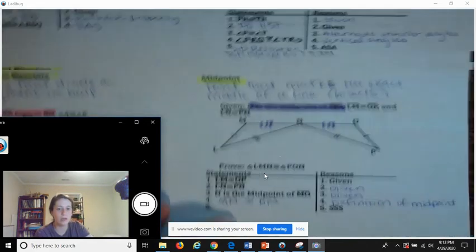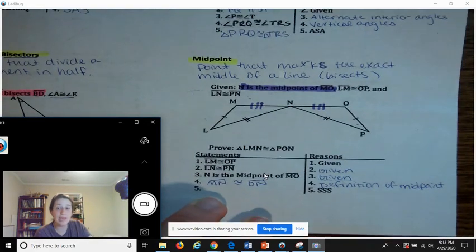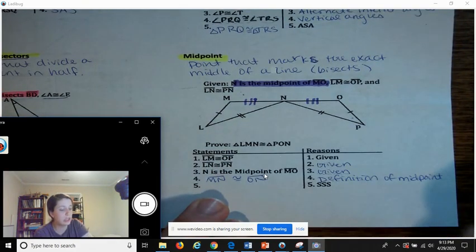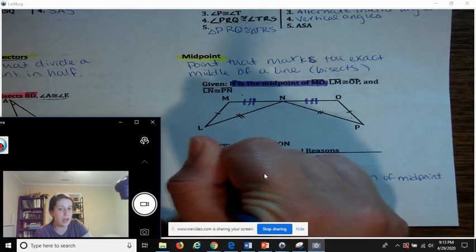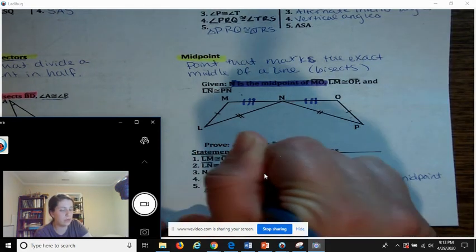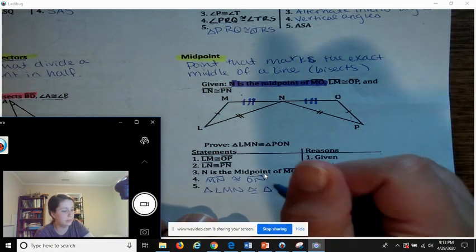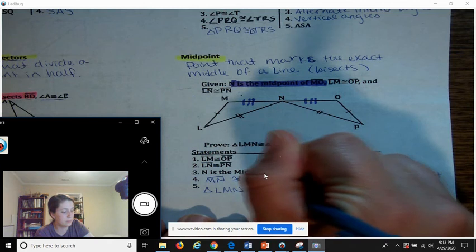Okay. And so now we have the triangle congruence theorem that side, side, side gives us two congruent triangles. So we should have that triangle LMN is congruent to triangle PON.